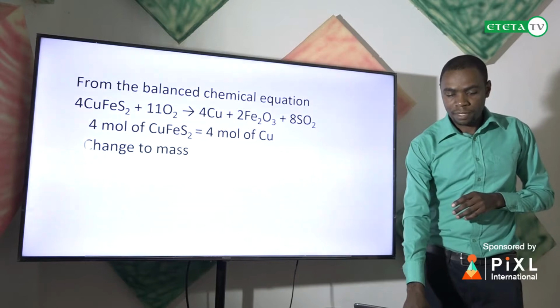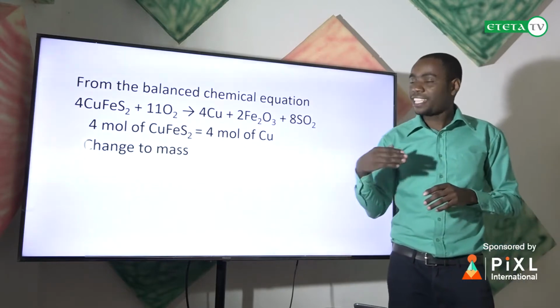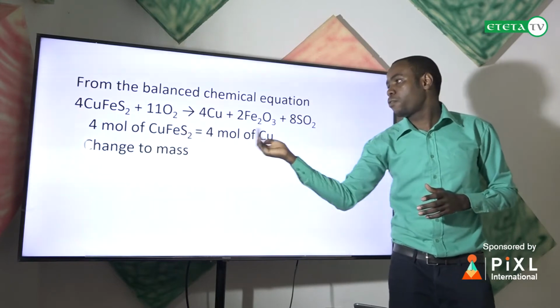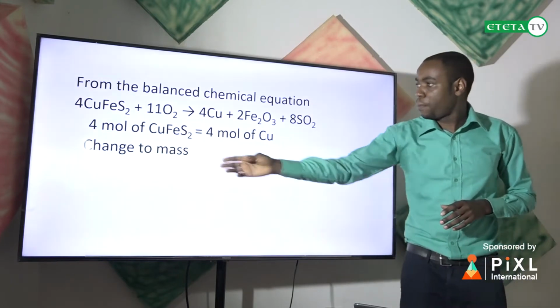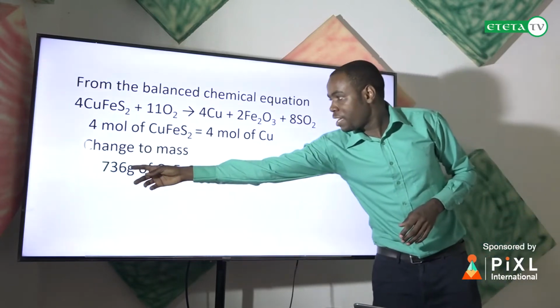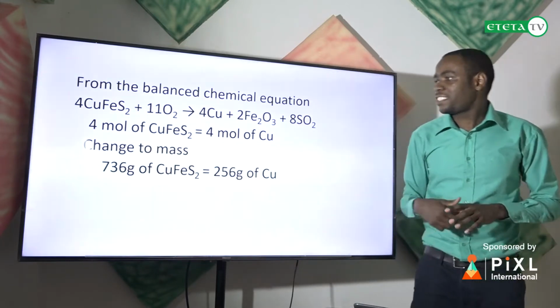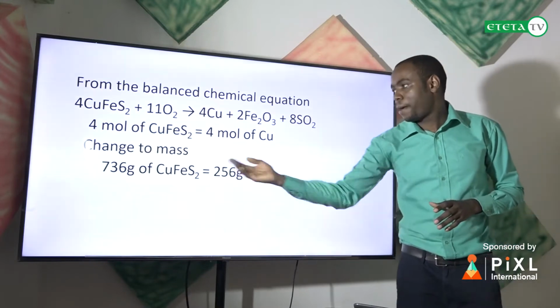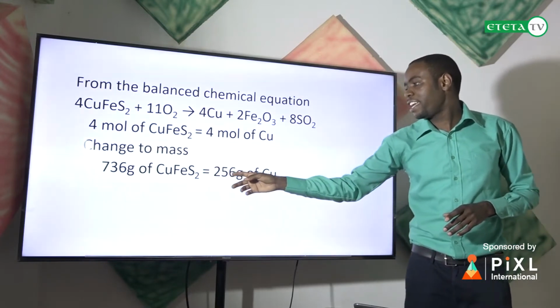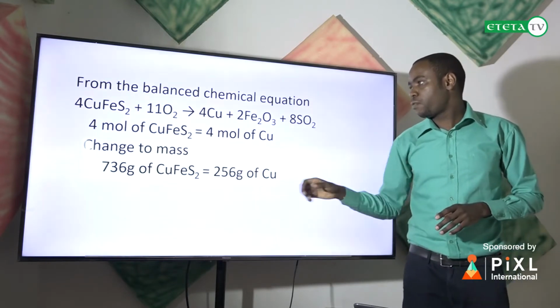Now you have to change these moles, number of moles, to mass. So 4 moles of copper pyrite is equal to 736 grams of copper pyrite, and the 4 moles of copper is equal to 256 grams of copper.